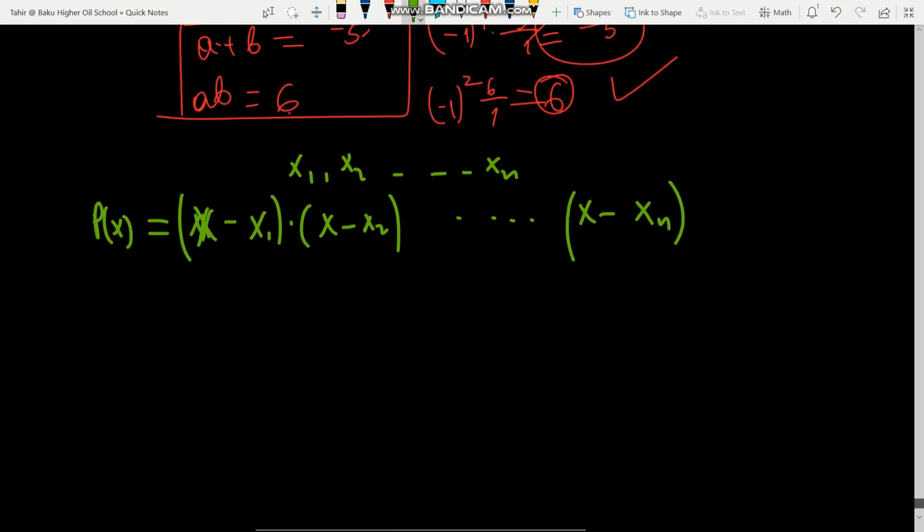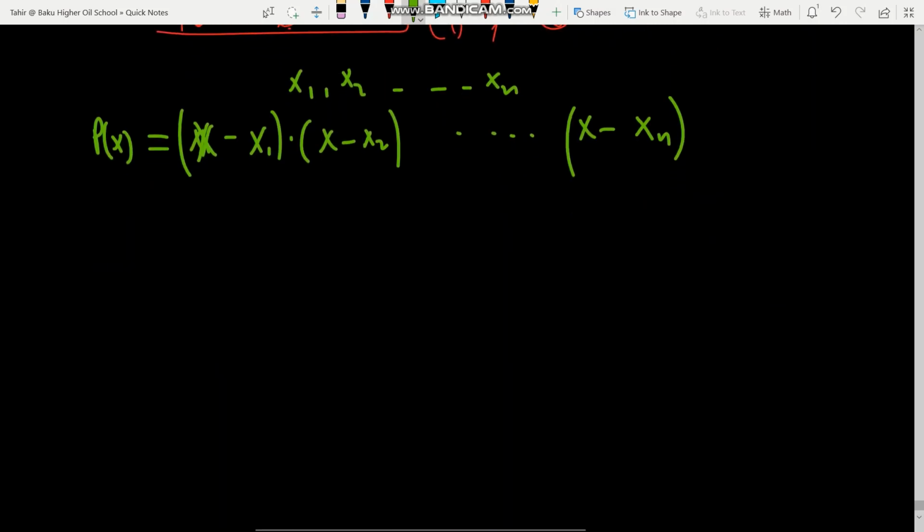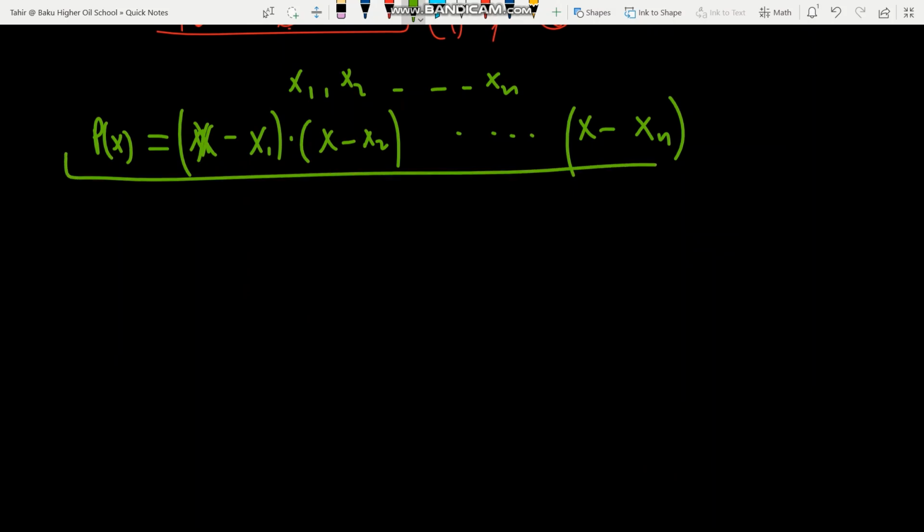And all polynomial functions can be shown in this form. If the maximum power is equal to n, then this polynomial function has n roots, and it can be shown in this format. For cubic and quadratic equations f(x), this is also true: x minus a multiplied by x minus b.